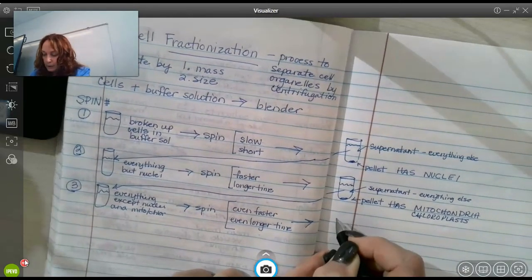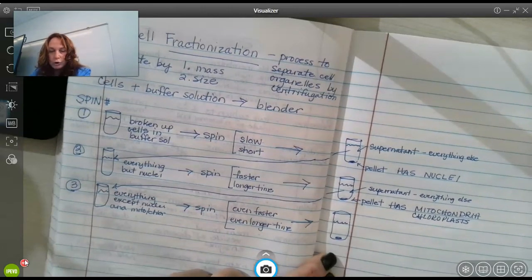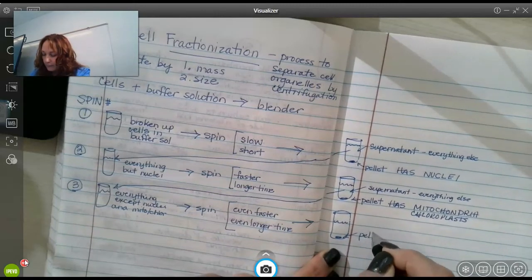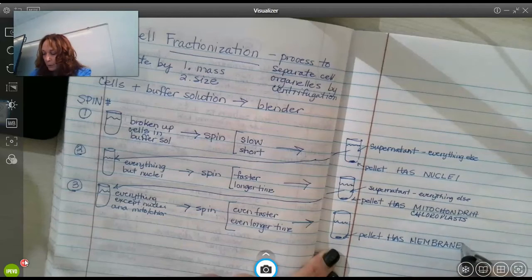As you always do, you throw down a pellet and you have solution that's left, supernatant. This pellet has membranes. This is where I stopped. I grabbed the pellet, threw everything away.